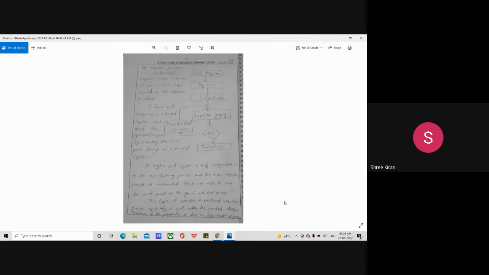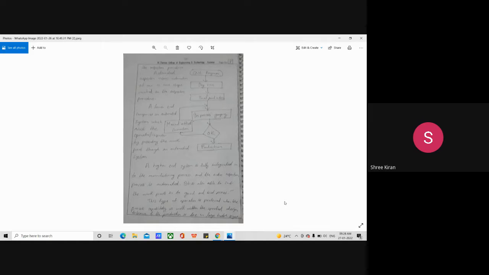So a higher end system is fully integrated into the manufacturing process. The entire inspection process is always automated, and it is able to sort the work parts into good and bad pieces.